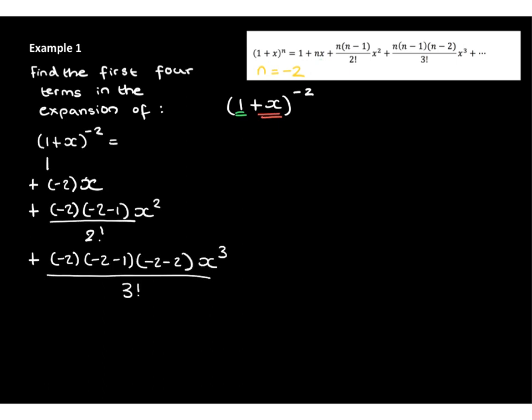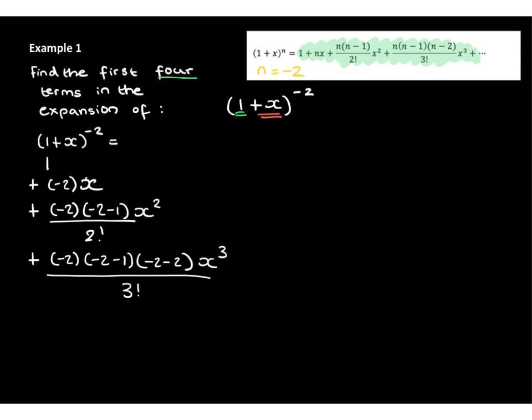So hopefully you've been able to see that I've substituted in for n in each term here, and we go up to the term in x cubed if we want 4 terms of this expansion.